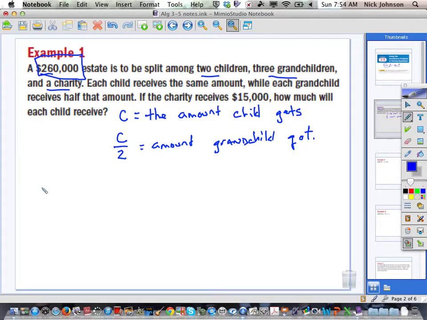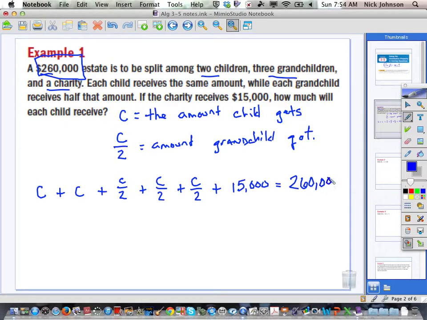So 1 child plus 1 child, there's 2 children, plus 3 grandchildren, plus the charity. Charity is 15,000. Has to equal 260,000. So we're going to solve for C in this case.